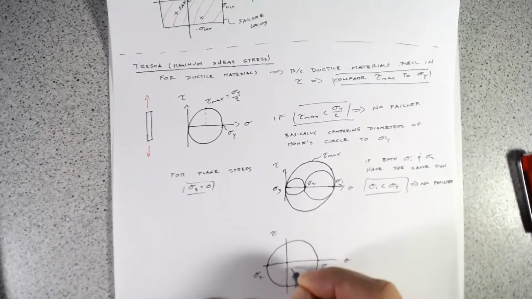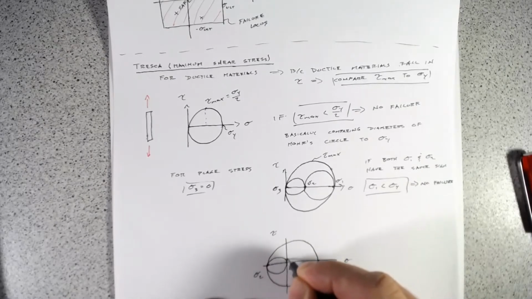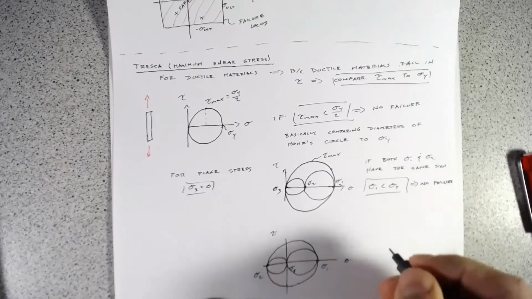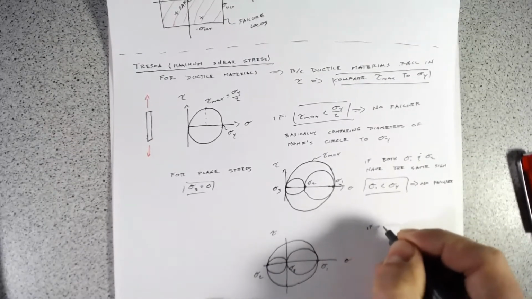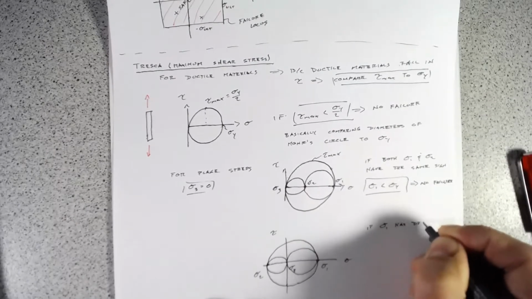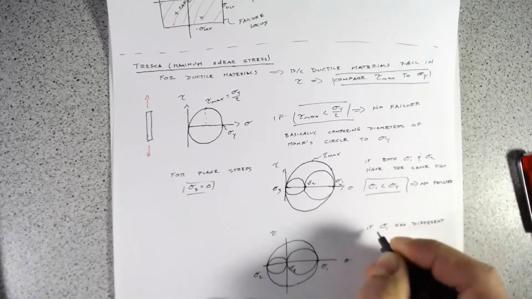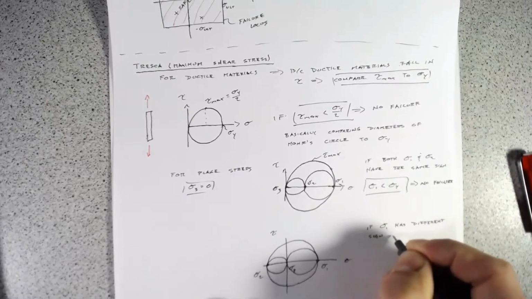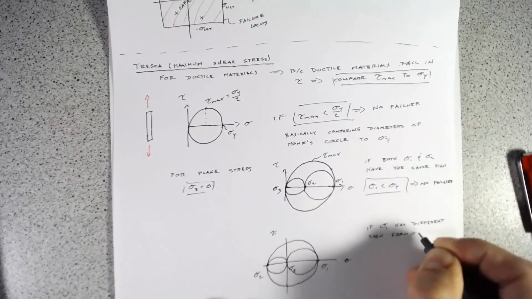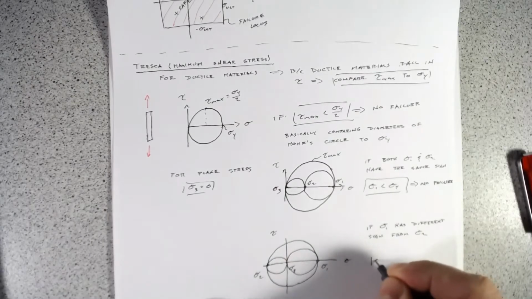Well, sigma 3 is still, we're working in plane stress, so our other Mohr circles, rotating about the other principal axes, are in here. So if sigma 1 has a different sign from sigma 2, then all we're going to do is compare.